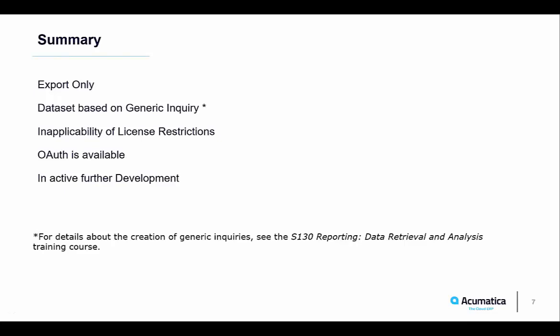A small insight from our roadmap. We really like OData inside the company ourselves, and we are doing a lot to enhance this interface. What will come soon is that we will finally be able to use OData without a generic inquiry.